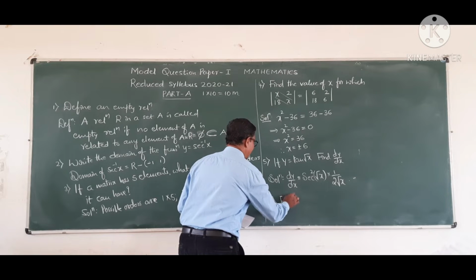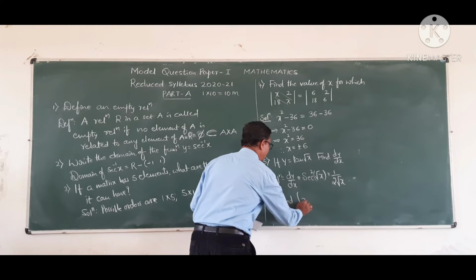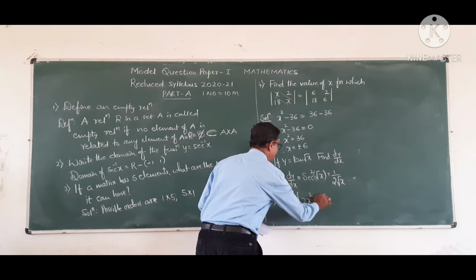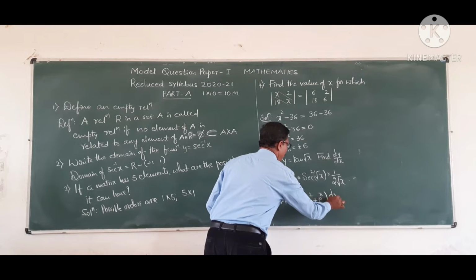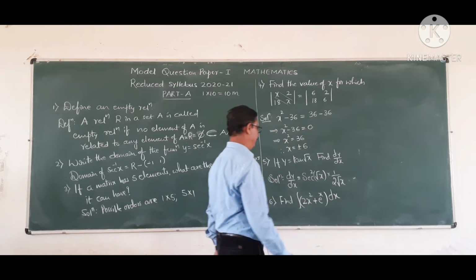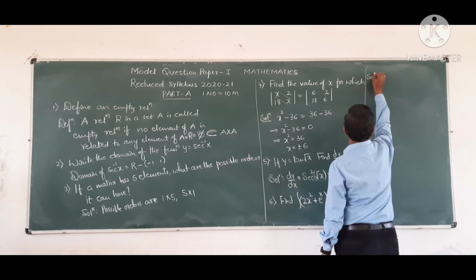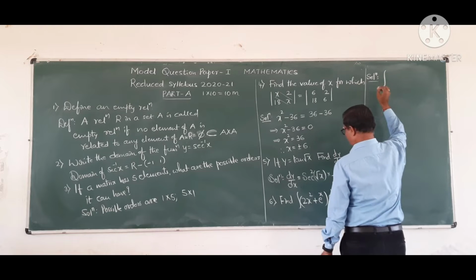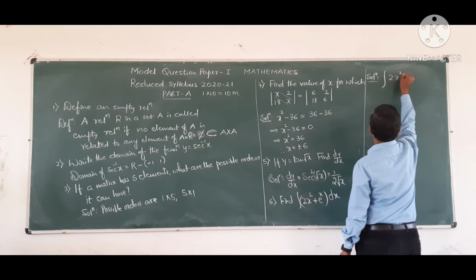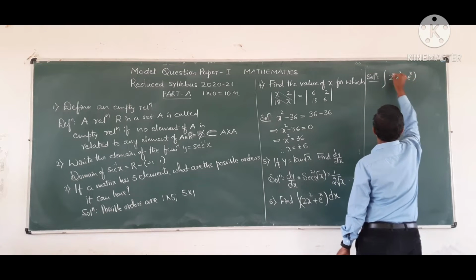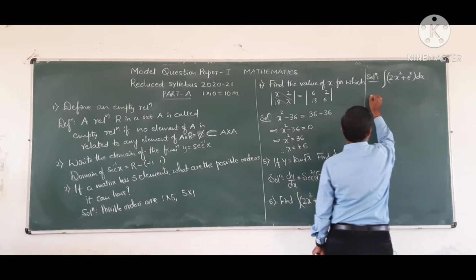Okay? Whereas the sixth question, find the integral of 2x square plus e power x with respect to x. Then simplify. Solution, given integral of 2x square plus e power x with respect to x.